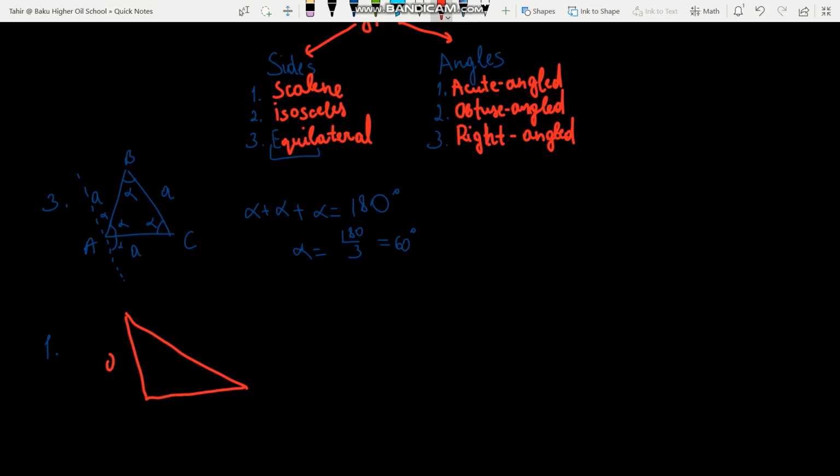Here all the lengths of the sides are different: A is not equal to B, which is not equal to C. Also, because the lengths of the sides are different, the angles opposing these sides will be different: alpha is not equal to beta, and this is not equal to phi.